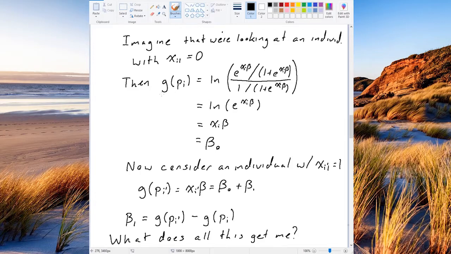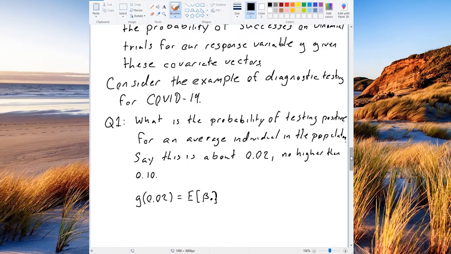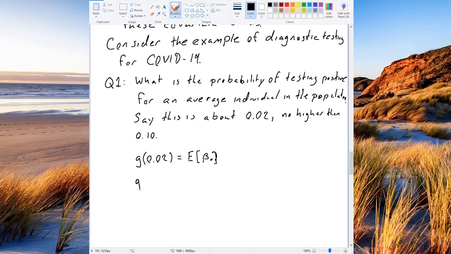So my best guess, I'm going to move that through here, g of 0.02 is going to turn into beta 0, but that's my best guess. So I want to talk about that as my expected value. What is g of 0.10 going to be? Well, I need a distribution on beta 0, right?